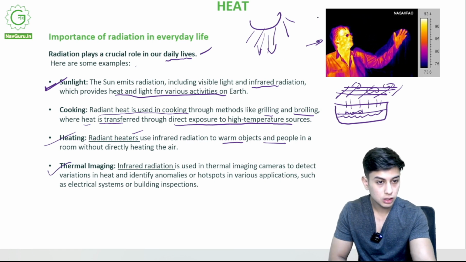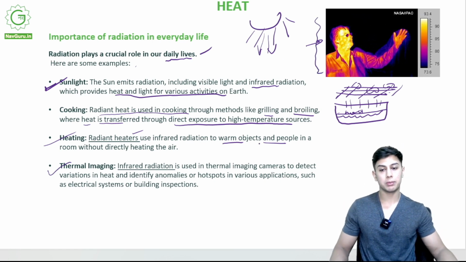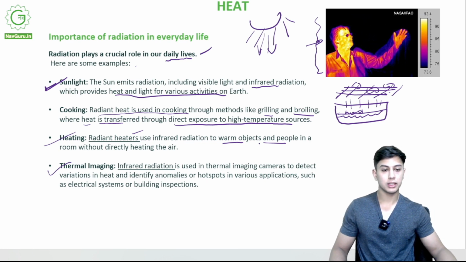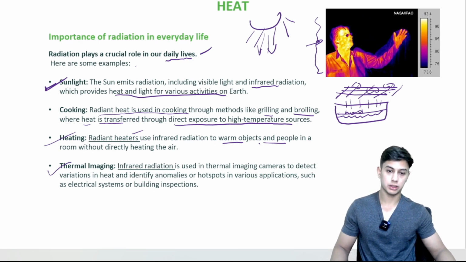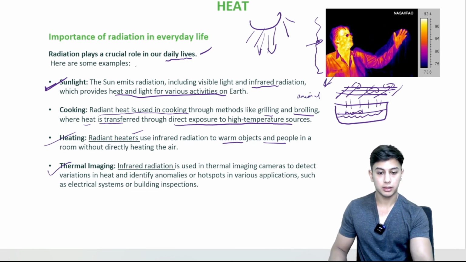Thermal imaging. This is thermal imaging. This is used by wildlife capturers or people who want to spot wildlife, okay. Since in the jungle it is a relatively colder temperature, okay, now I want to spot an animal inside that, over there. How will I do that? I will use an infrared camera that will show me an image like this of the animal so that I can spot it, okay.